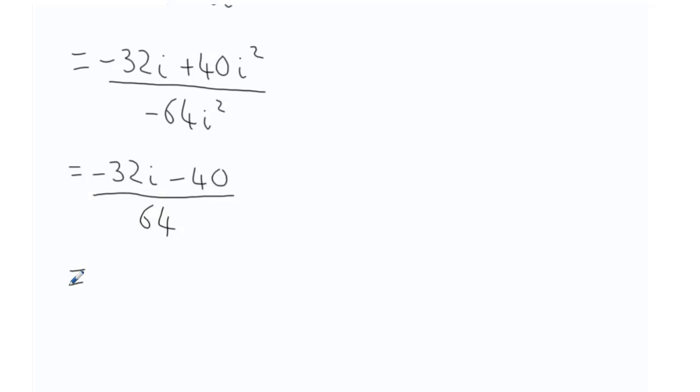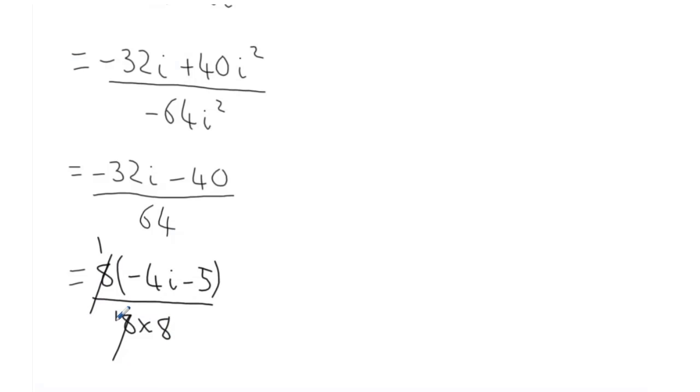Okay, so you can see there is now no imaginary part in the denominator. Very similar to when you rationalize a surd, there's no radical part in the denominator. You can do quite a lot with this because you have 8 as a common factor, so I'm going to pull it out of the numerator. So I'm going to say that equals 8, and that's 4 eights are 32, so minus 4i minus 5 eights are 40 over, and then 64 is 8 times 8.